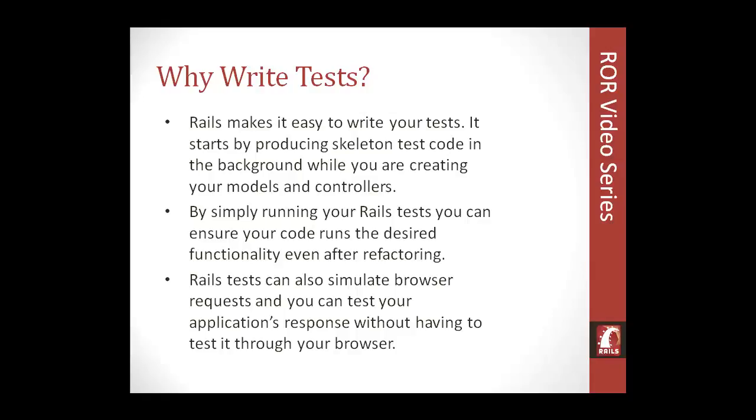It's in the background, and it's creating these skeletons while you're creating models and controllers. So you don't have to set up testing before you build an app. It actually runs alongside as you're building your app. It creates certain directories and certain files in the test directory that you can later on use.